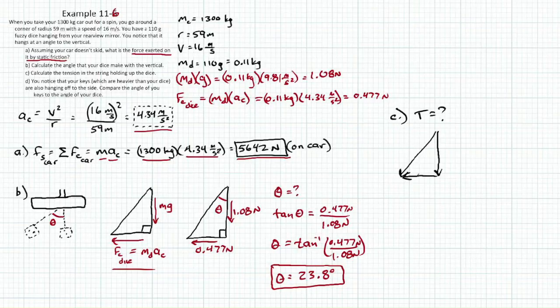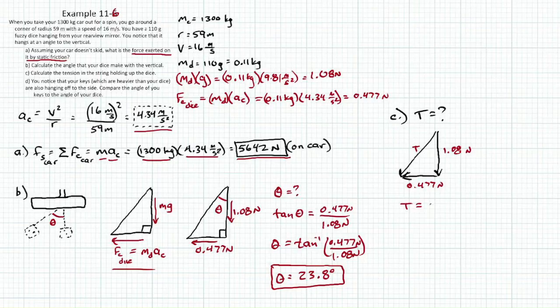We've already calculated the forces, so we can just write them in. Again, this is 1.08 newtons, and this is 0.477 newtons. So this is our tension T right here. That should be easy to solve. Pythagorean theorem.